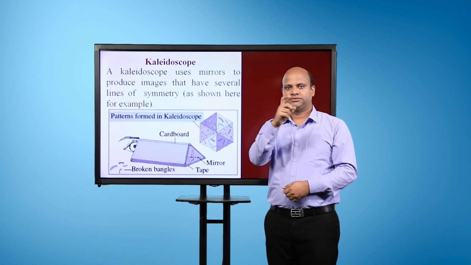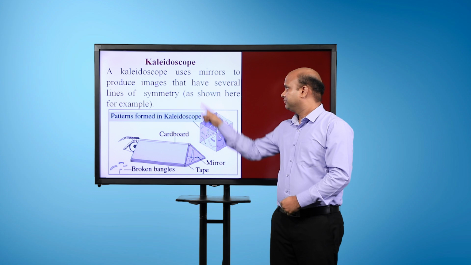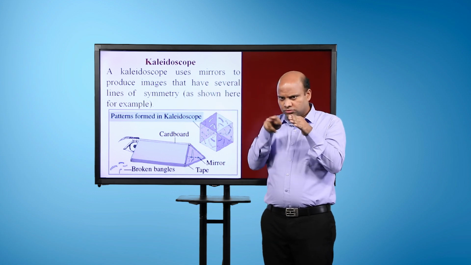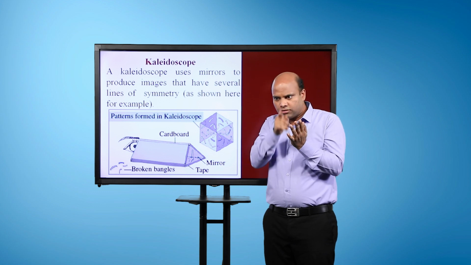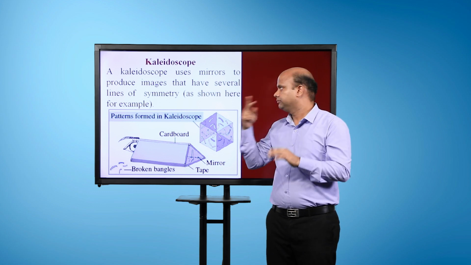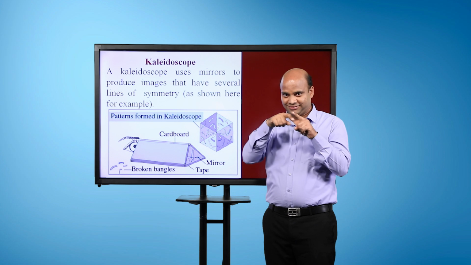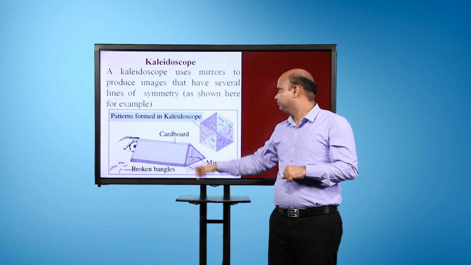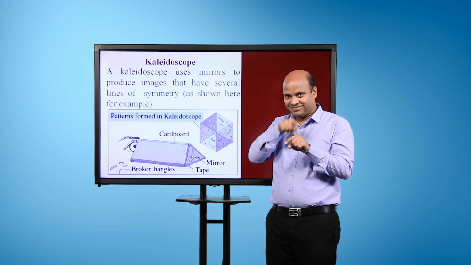Page 271. Kaleidoscope. A kaleidoscope uses mirrors to produce images that have several lines of symmetry. As given here, for example.